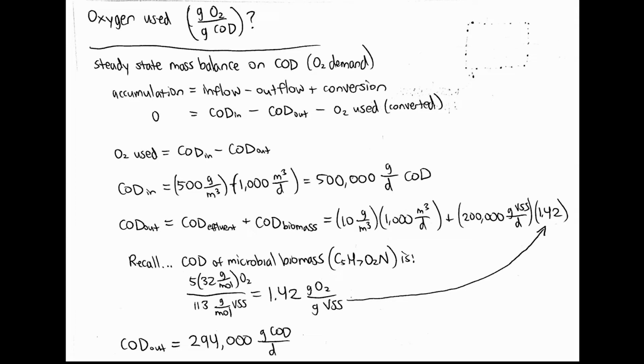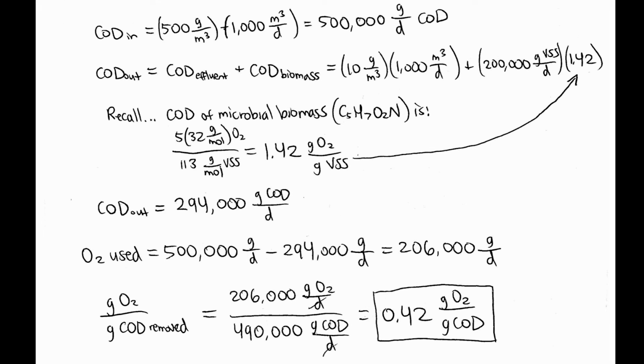We looked at the complete oxidation of that to CO2 in order to calculate the oxygen demand of 1 gram of C5H7O2N. And we got a value of 1.42 grams of oxygen per gram of VSS.